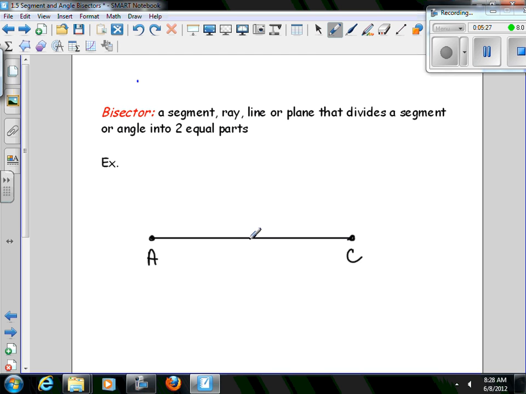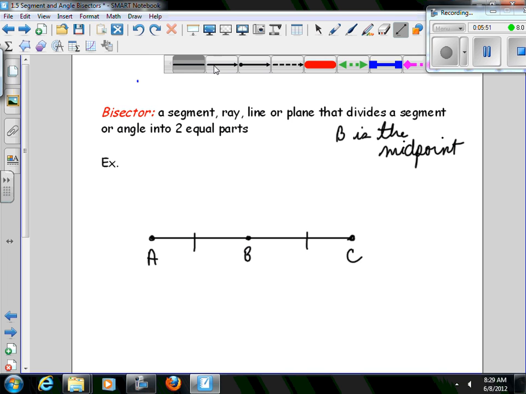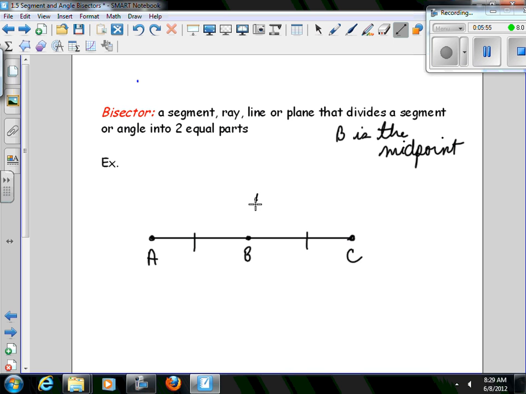So for instance, let's say that I have point B here such that AB and BC are equal. So B is the midpoint. I should have said B is the point for the bisector to go through. So if I just draw another line, it can be a ray, a line, a plane, whatever I want it to be, so that it goes through this. And it can go through at any type of angle.